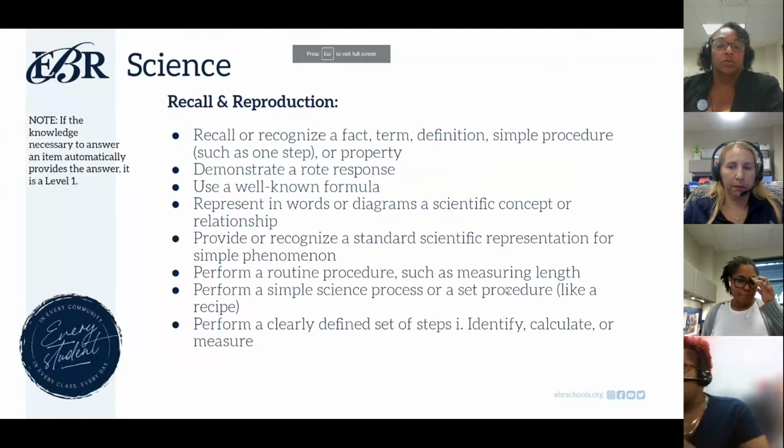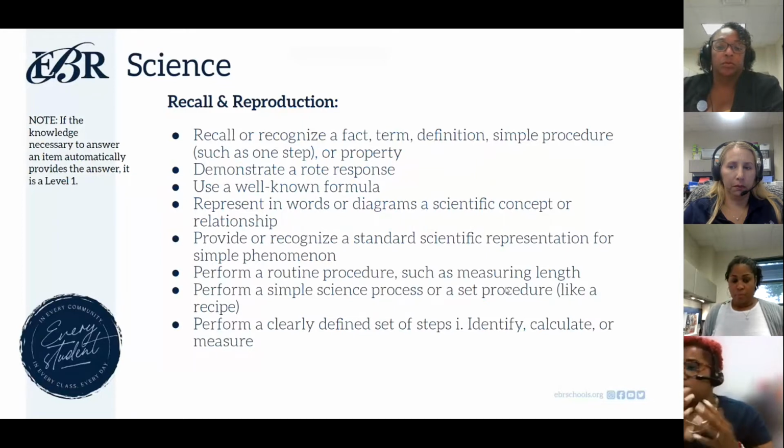So when we're talking about science, recall and reproduction, we're looking at recalling simple facts, terms, or properties. We're demonstrating rote responses. Anything most of the time that you will be doing at the beginning of a lesson will be considered DOK 1, recall and reproduction.